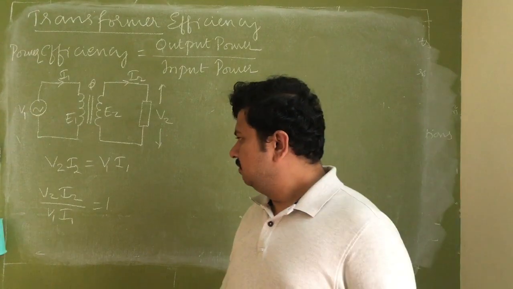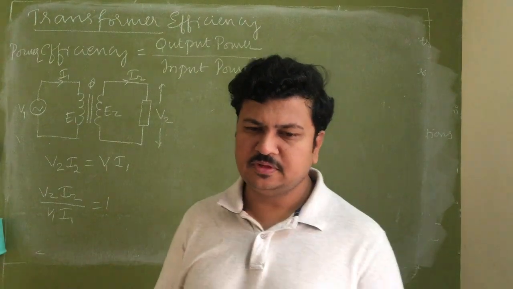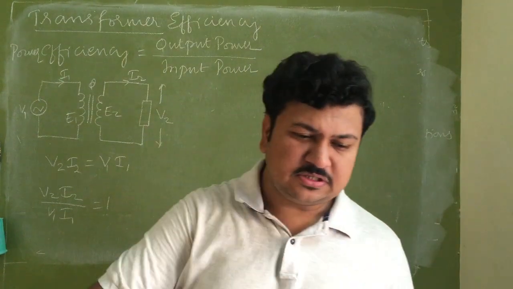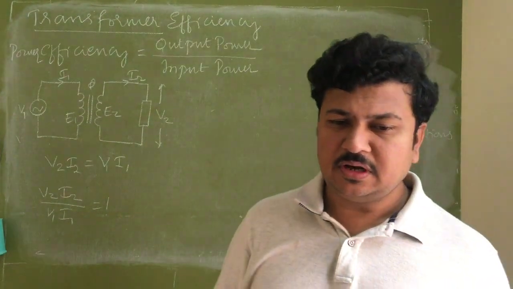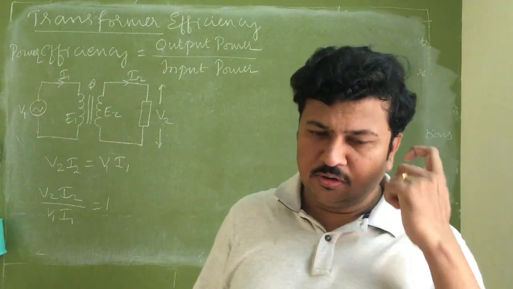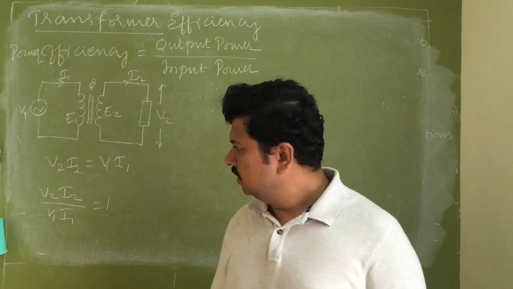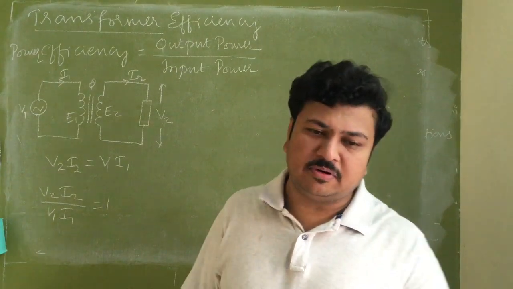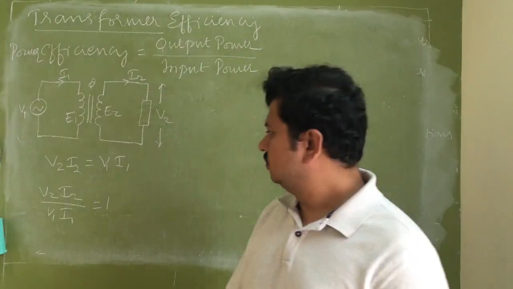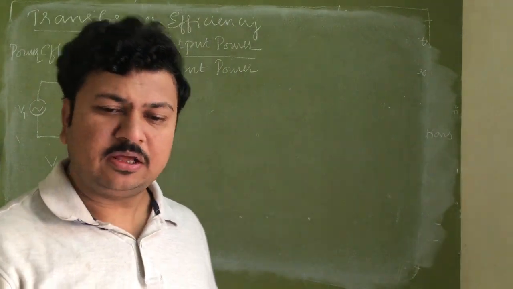But when we take the power efficiency of the transformer, it is always the ratio of power delivered to the load, that is the working power delivered to the load, to the working power received from the source. We know that V1 I1 and V2 I2 are the total powers, which include real power and reactive power.